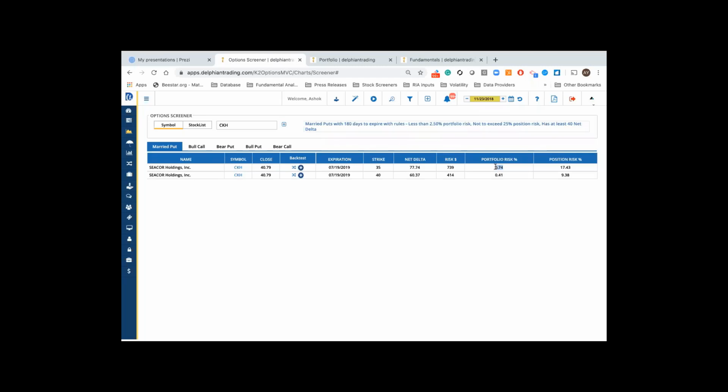But at this point, we think the stock will reverse and go back up. Remember that we saw the picture, it went from 89 down to 79. Let's say this went down to $30. Then you've got 180 days, so you just sit for 180 days.